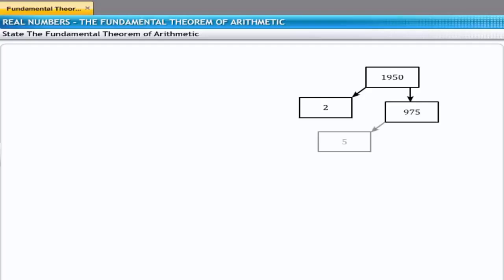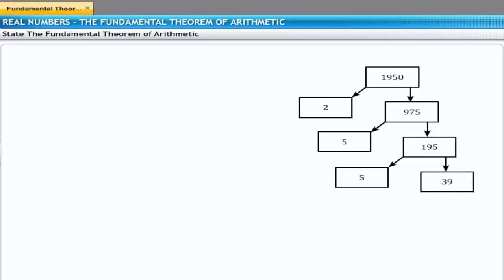Dividing 975 by 5, we get 195. Dividing 195 by 5 again, we get 39. Dividing 39 by 3, we get 13. Now, 13 itself is a prime number, so we cannot factorize it any further.